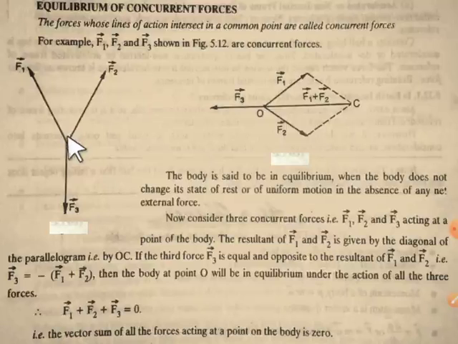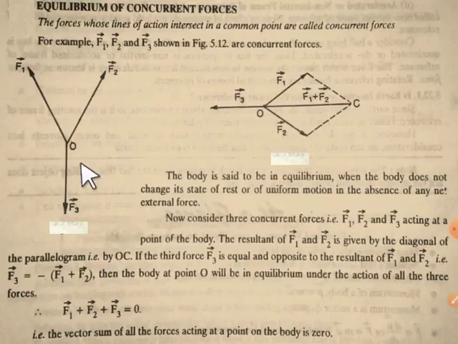If it is uniform, what happens? If the body keeps moving with uniform motion while these concurrent forces act, it will continue to move in that constant uniform motion. And if the body is at rest, then upon these concurrent forces acting, the body will continue in that state of rest.